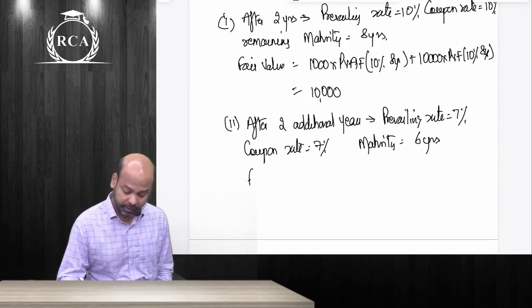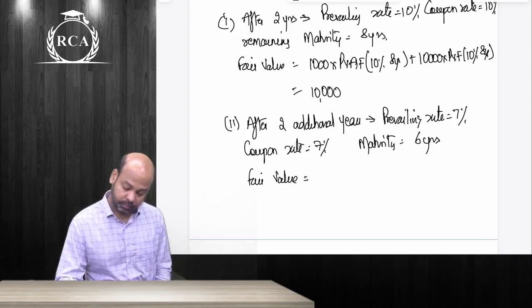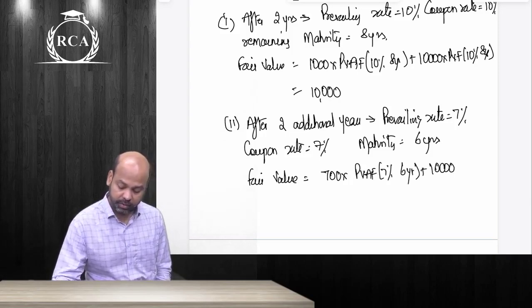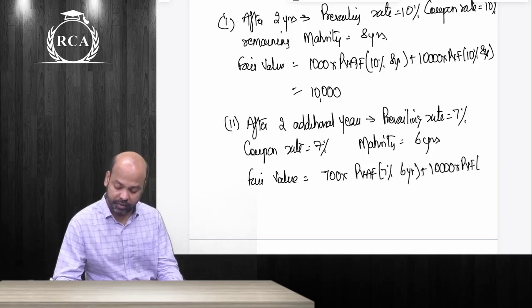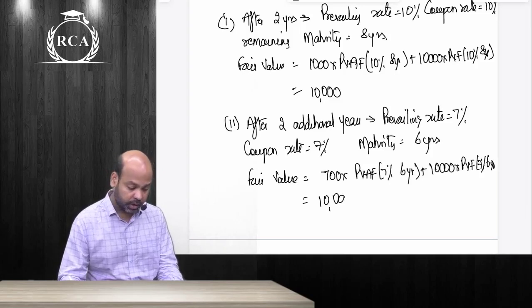So your fair value of the bond will become 700 multiplied by PVAF at 7% for 6 years plus 10,000 rupees multiplied by present value factor at 7% for the 6th year. So that will be 10,000 rupees.